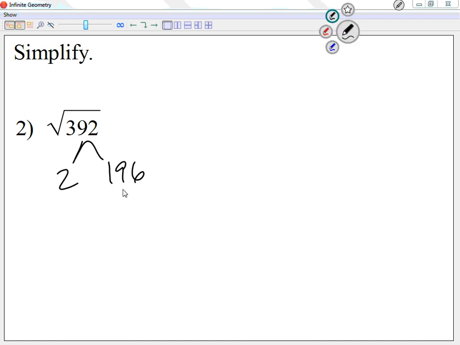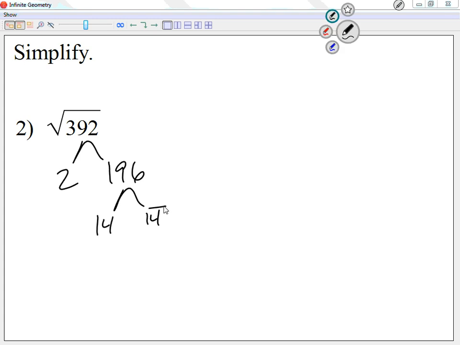Okay. I can split 196 as well. Give me two numbers that multiply equals 196. 14 and 14, okay? I know we can split the 14s, that's 2 times 7, but my goal is to get groups.